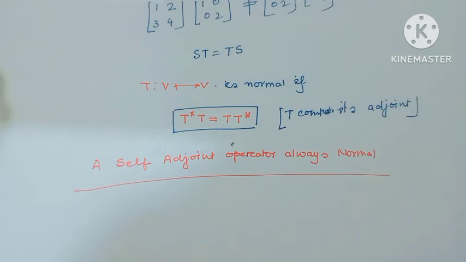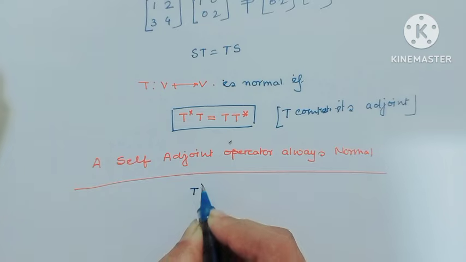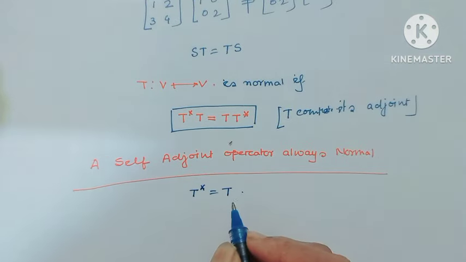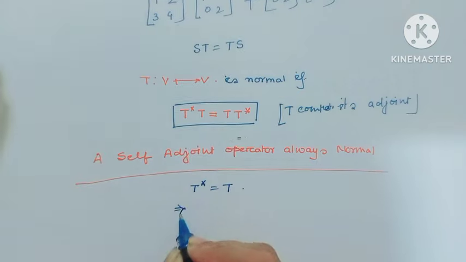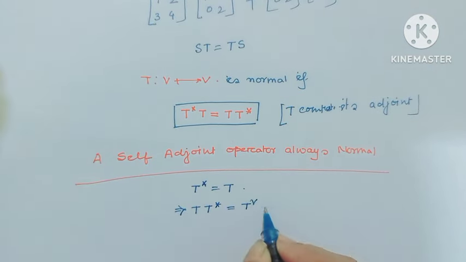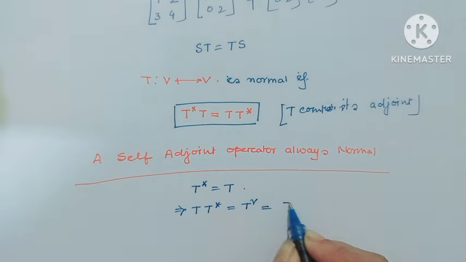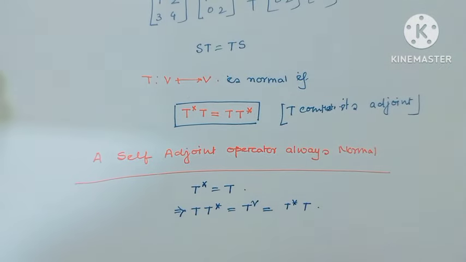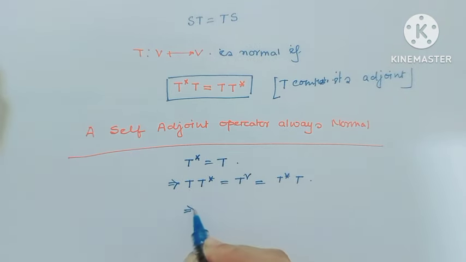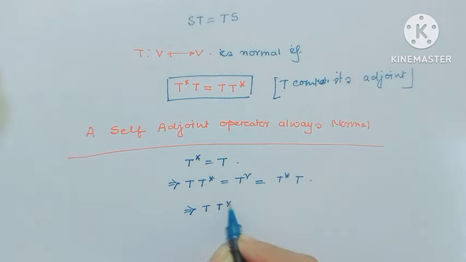A self-adjoint operator is always normal. Why? Because self-adjoint means T star equals T. If we multiply by T on both sides, then T star T equals T square, and T square means T T. That implies T star T equals T T star.